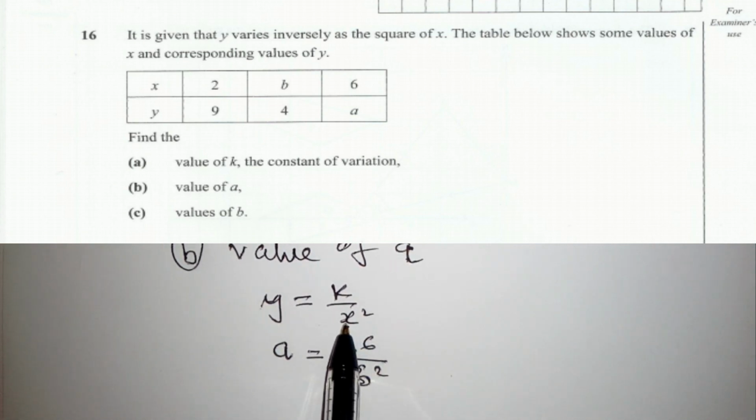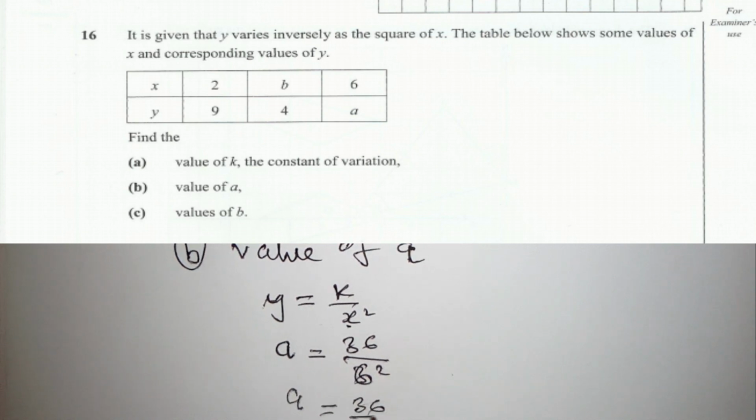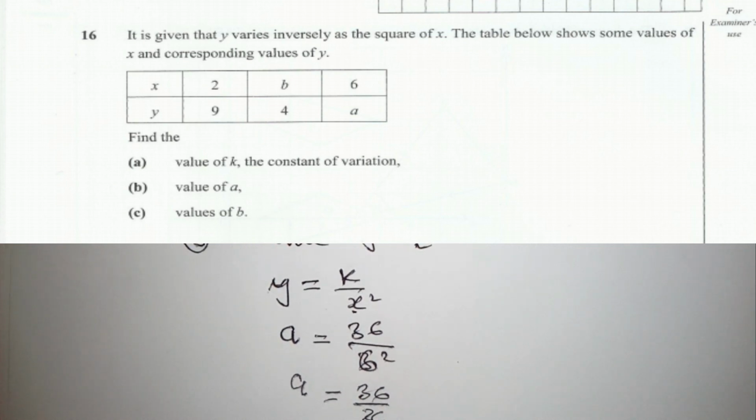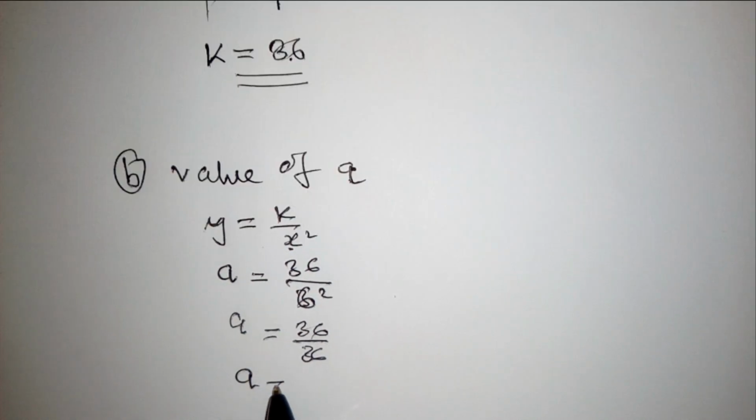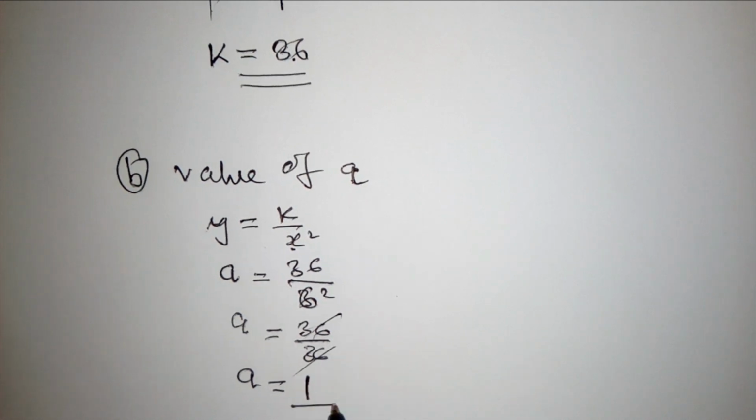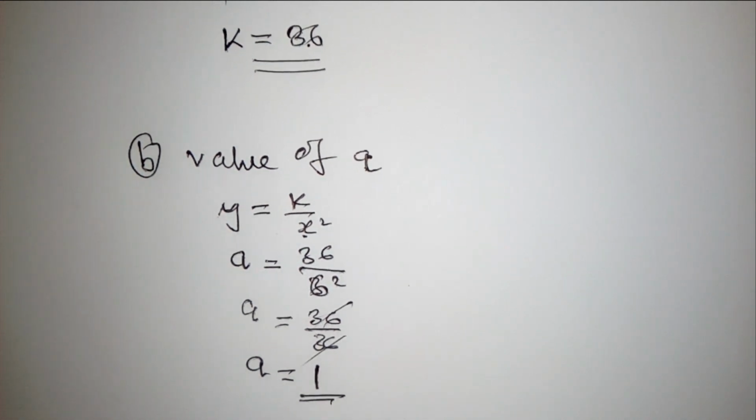We are putting 6 where x is. So a is equal to 36 over 6 squared. When we solve nicely, we divide 36 by 36, which is equal to 1. So this is our answer.